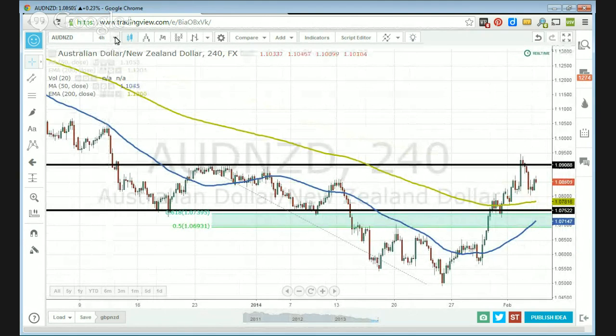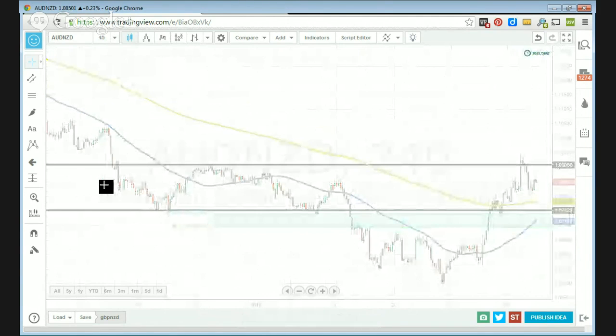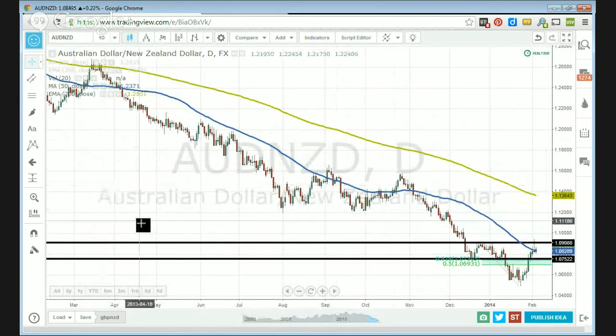Okay. I think I found something that will make me feel a little comfortable with shorting two Australian dollar pairs. Okay, I will short Aussie Kiwi at 109.08.